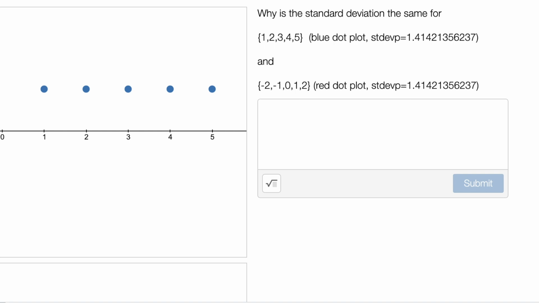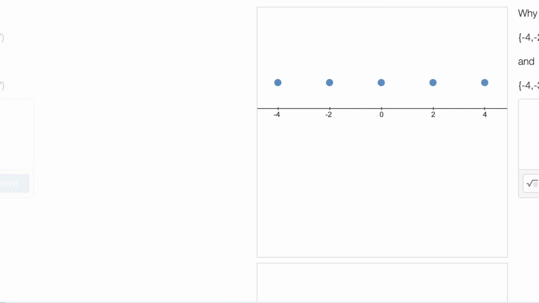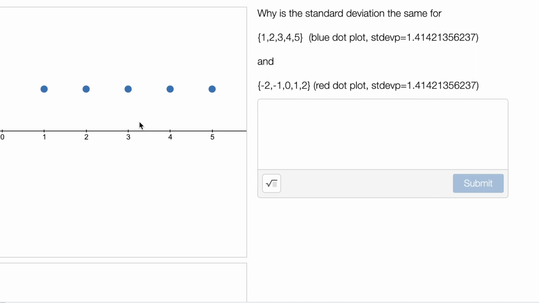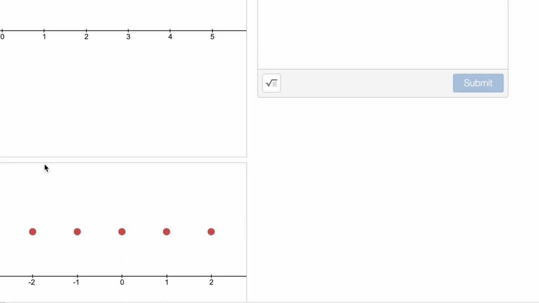All right, so look at this. Why is the standard deviation the same for 1, 2, 3, 4, 5? And then if we had a red dot plot, I wonder if it has it. If we had a red dot plot under, oh wait, it's right here, sorry.